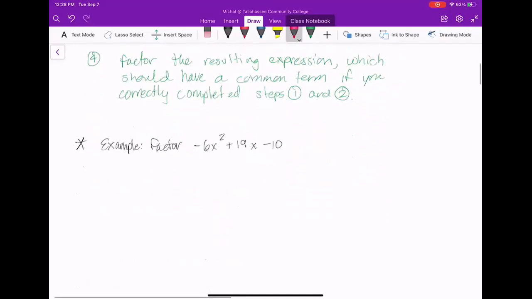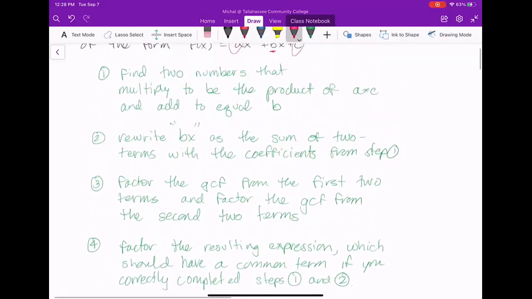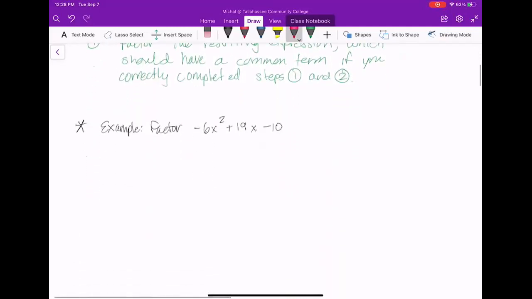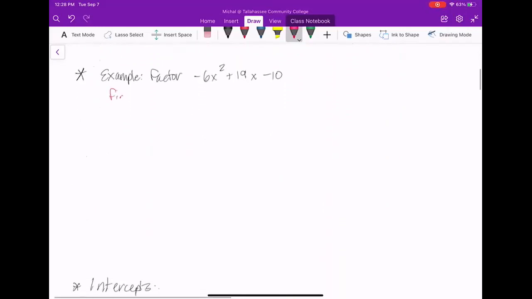So the first step that we're going to do, just looking back up above, we're going to find two numbers that multiply to be the product of a times c and add to equal b. That means we need to find numbers that multiply to be negative 6 times negative 10, because that's A and negative 10 is C. And that's positive 60.